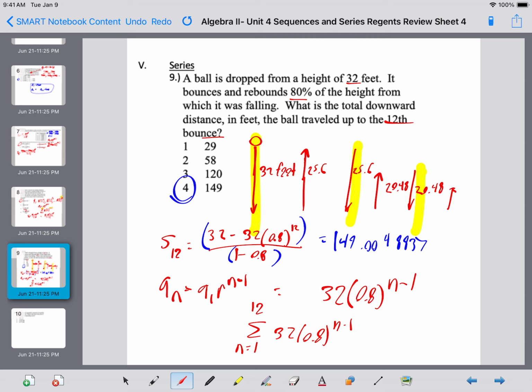If you have a TI-84 Plus CE or a TI-84, you will be able to do this. You go to math, go to summation, type in x for n, 1, go to 12, type the rule in, 32 times 0.8 to the x minus 1, and you end up getting the same exact answer.